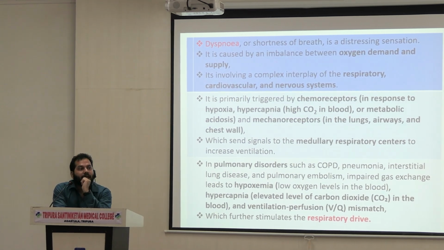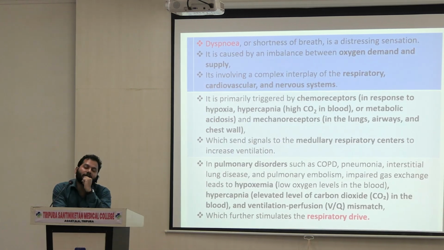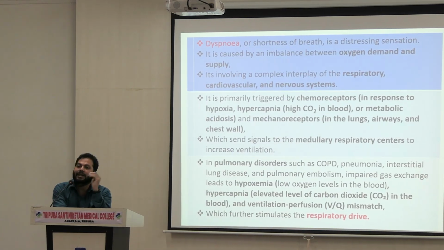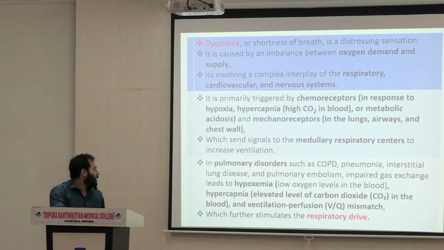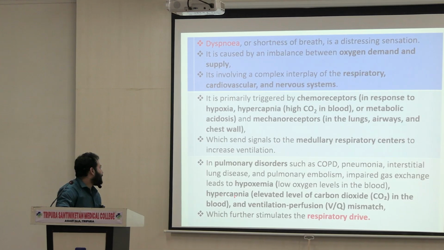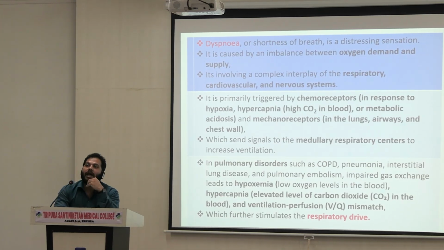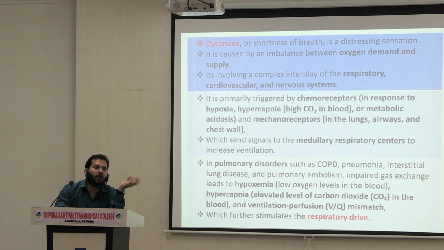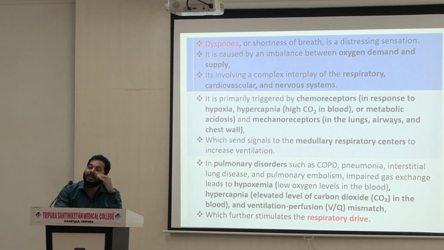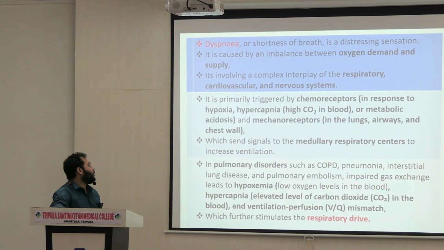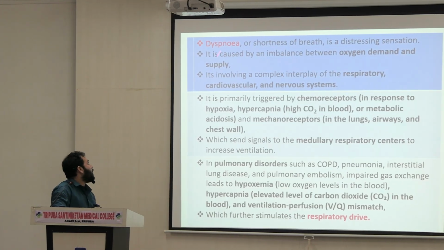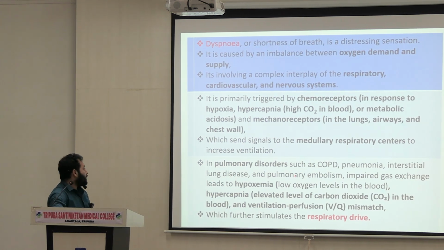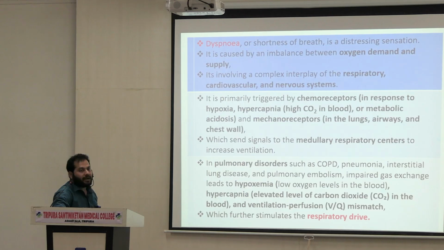Proper perfusion helps to maintain the proper flow of blood, meaning circulation. At the same time, another important thing is proper gas exchange helps to wash out the extra amount of carbon dioxide. So all these things are impaired due to impaired gas exchange, and are related with this abnormal breathing process.